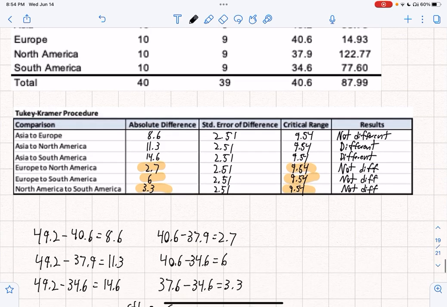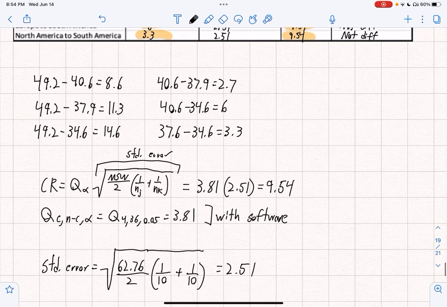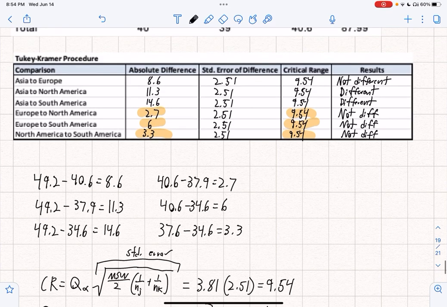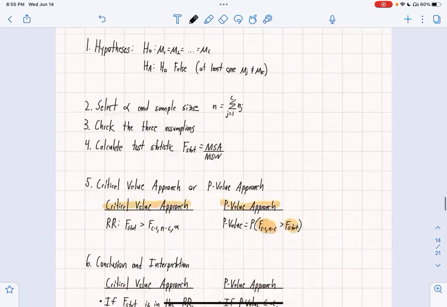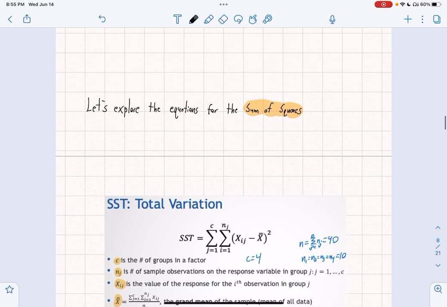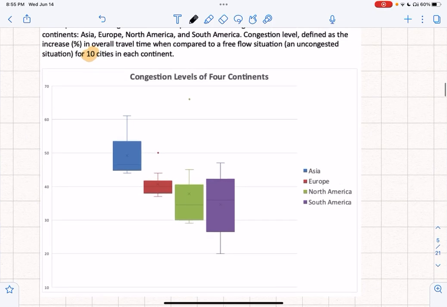We're going to be doing this in Excel as well, but I wanted to work through this just to develop a little bit more understanding. So let's highlight the two that are actually different from one another, which were Asia to North America and Asia to South America. And that makes sense. Let's go back to our box plot.